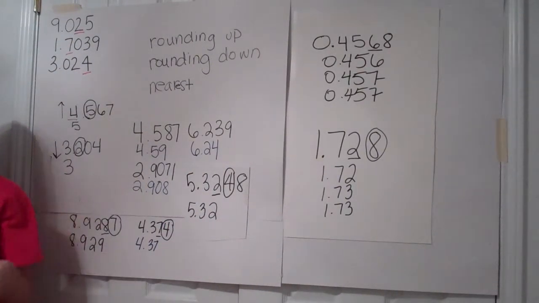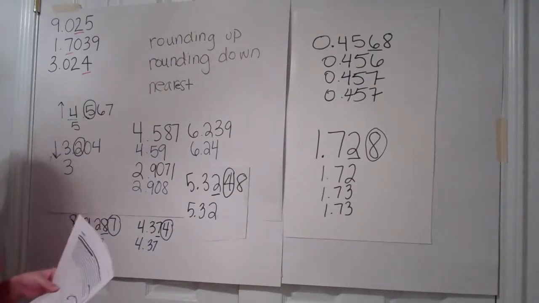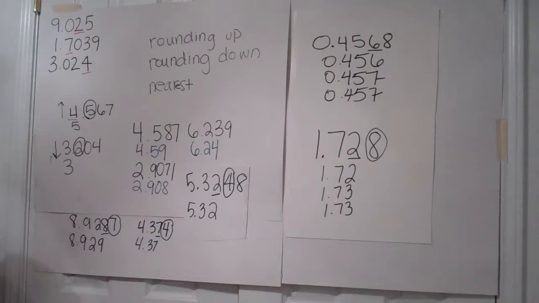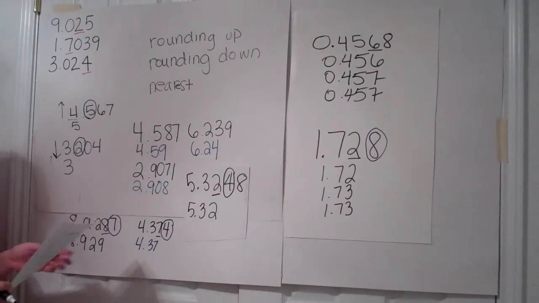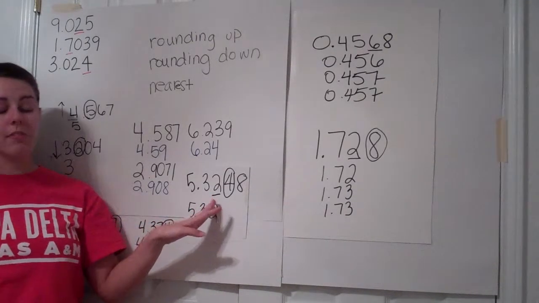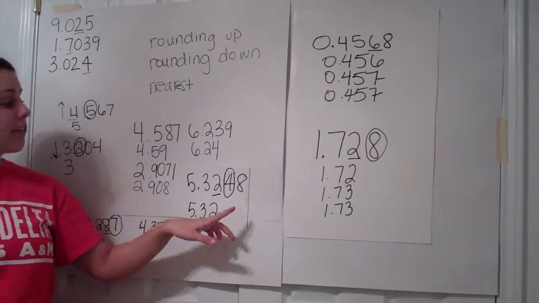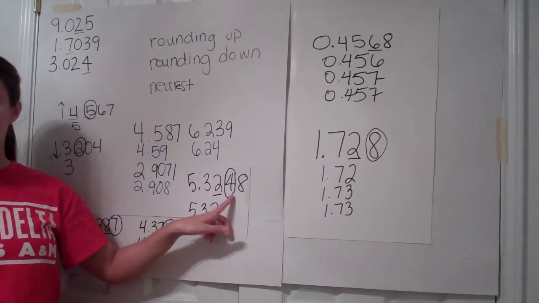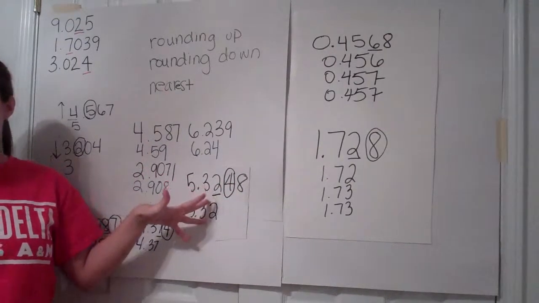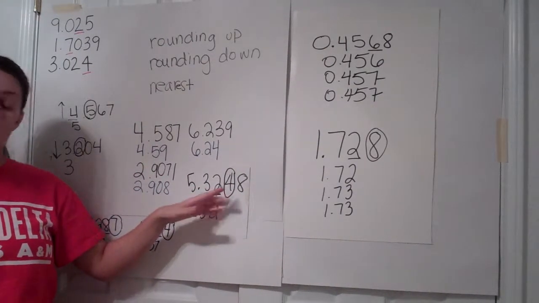Okay, so when we're rounding to the nearest, or rounding whole numbers, this is an easy trick that I want y'all to remember. Look at the place value that you're rounding to. You're going to look to the right, and if it's 1 through 4, you're going to round down, or stay the same. If it's 5 or higher, you're going to round up.